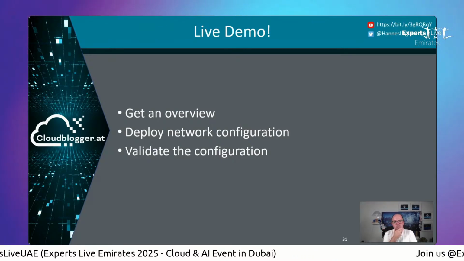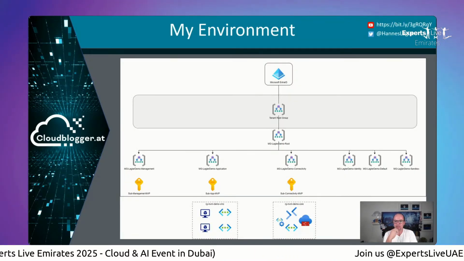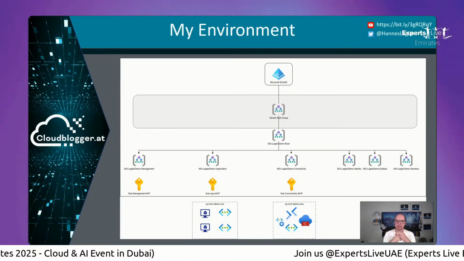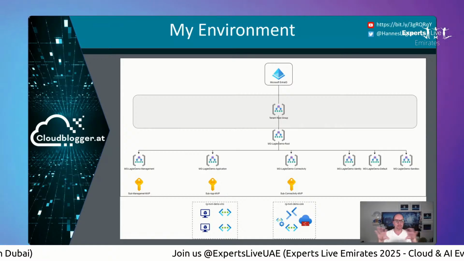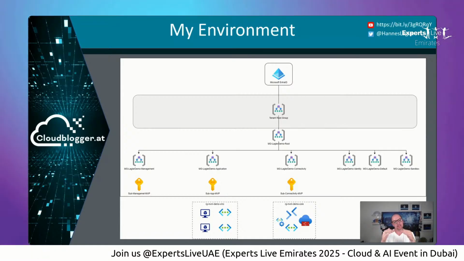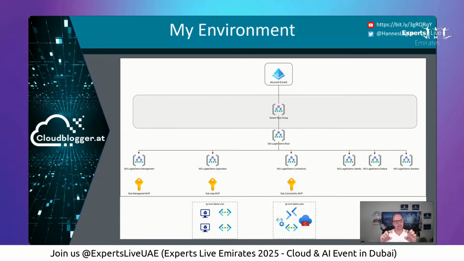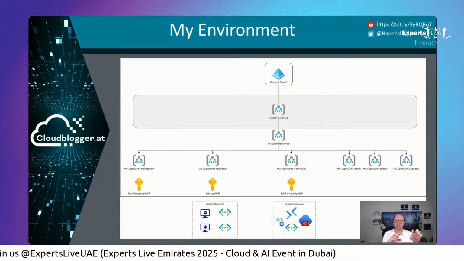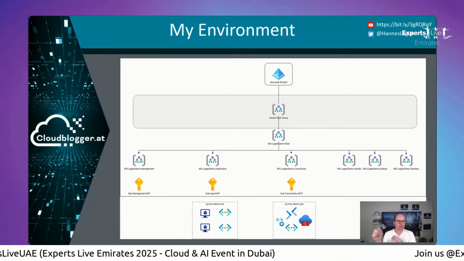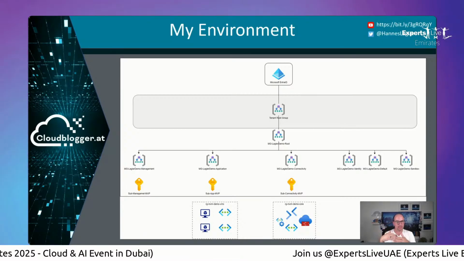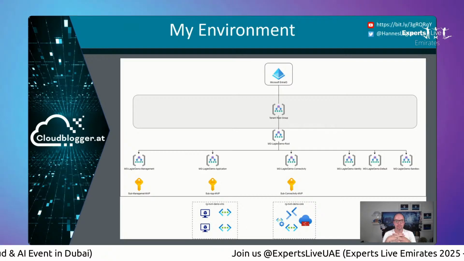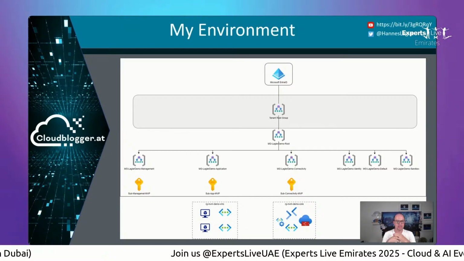When we go to the architecture, it looks like the following. I have my Entra ID tenant, I have my root tenant management group, I have my different sub-management groups. And you can see here I have two subscriptions: my application landing zone and my connectivity landing zone. Inside the connectivity landing zone, I have my hub network with a VPN gateway, also a bastion host with an Azure firewall.